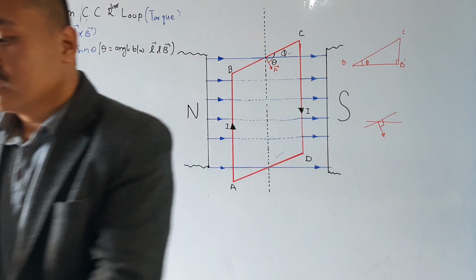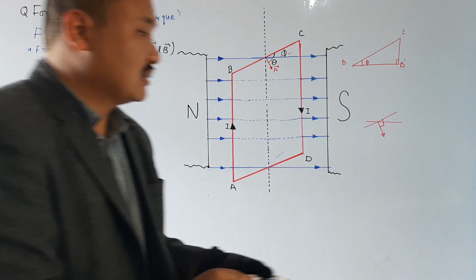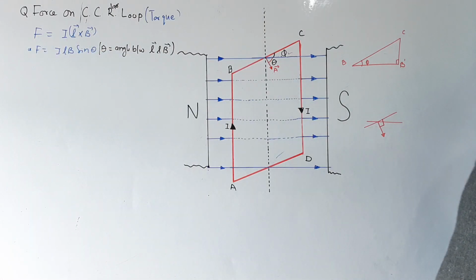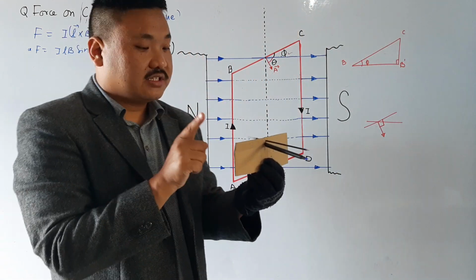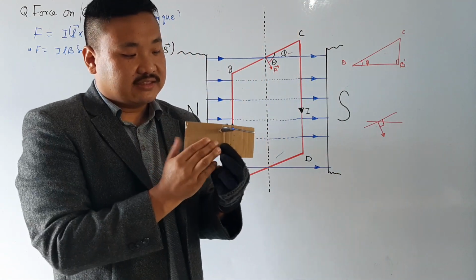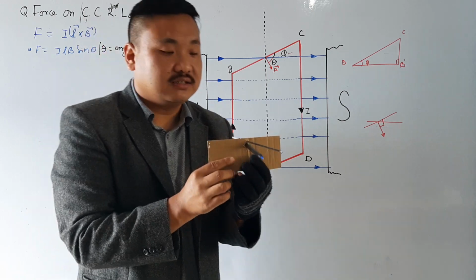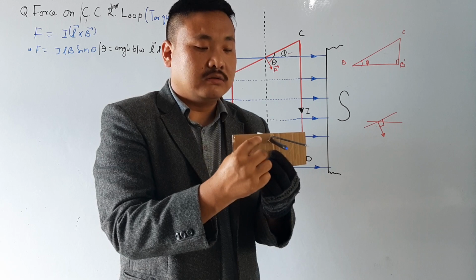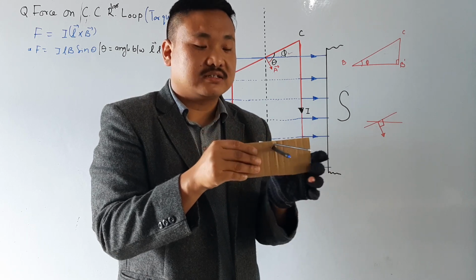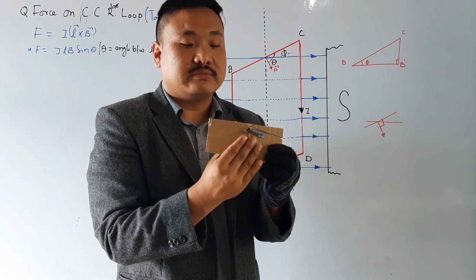To explain this I will give you one example. This is my BC and this is the plane of the rectangle, and from the rectangle this is my area vector, which is always perpendicular to the plane.